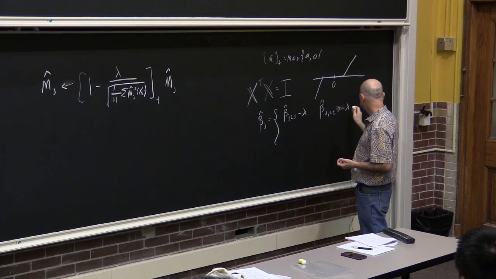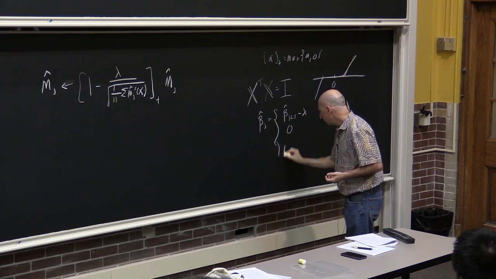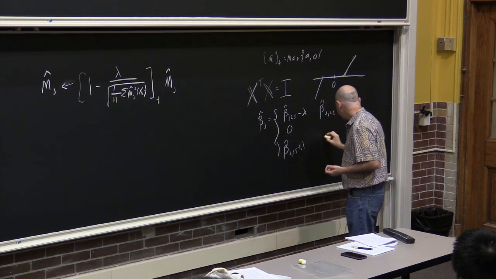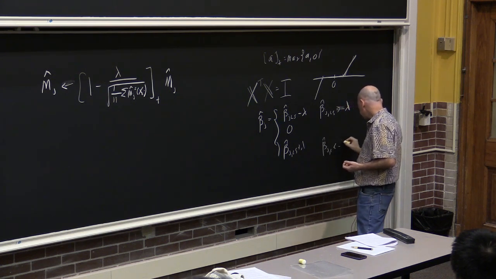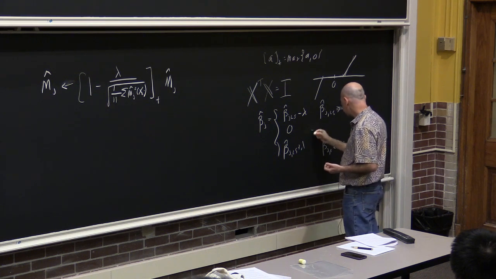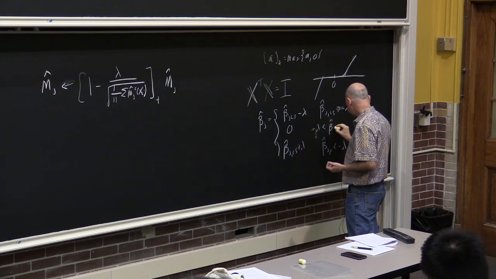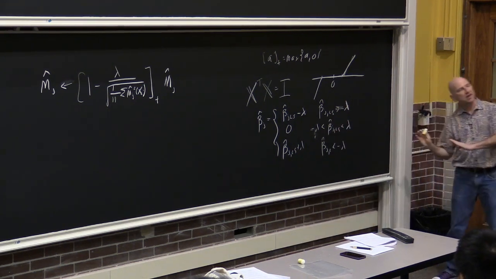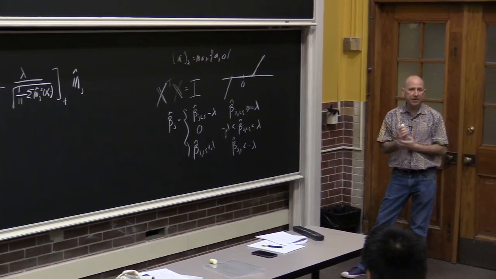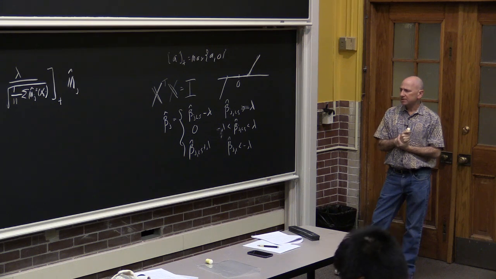This is this function I'm writing down. 0, and then beta j hat least squares plus lambda if beta j hat least squares is less than minus lambda. So let me just repeat what I'm talking about. In very special cases, you can write down the lasso estimator in closed form.